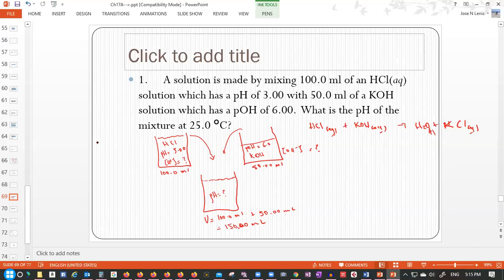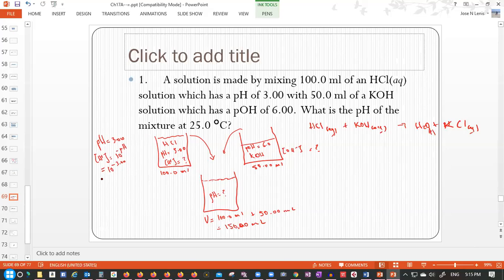So if the pH is 3.00, how do we find the concentration of H+? Yes, 10 to the negative pH. So if you plug that into your calculator, it's going to be 10 elevated to negative 3.00.